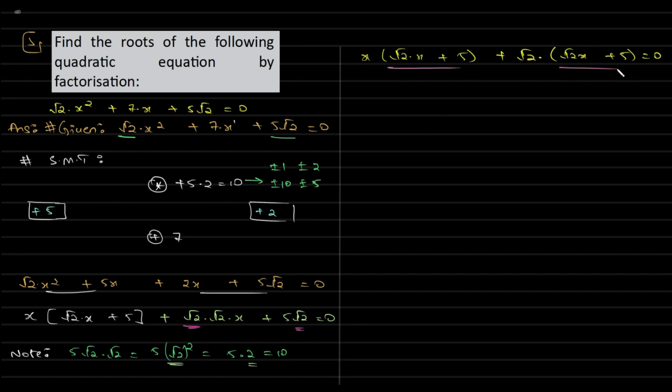We take root 2 x plus 5 as common, and we have x plus root 2 left out. Whenever you get any combination like 7 and root 7, just write 7 as root 7 into root 7. It works always.